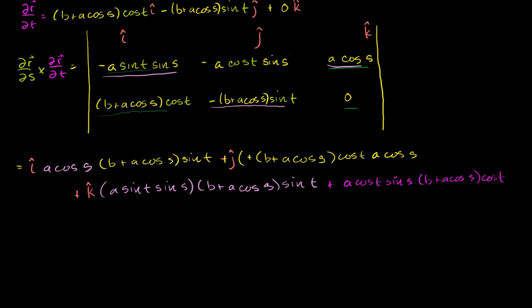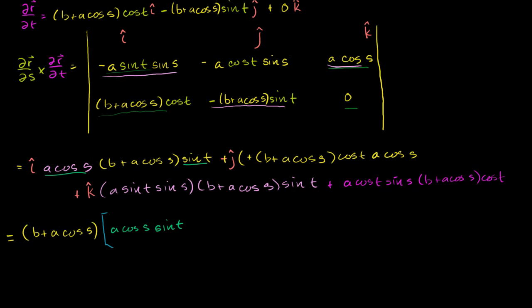So this whole crazy thing can be written as b plus a cosine of s times, I'll put some brackets here so you know it multiplies every component. The i component, when you factor this out, is going to be a cosine of s sine of t times i.